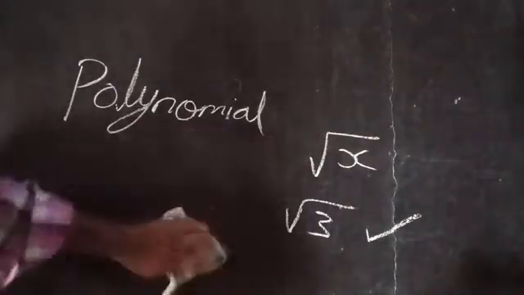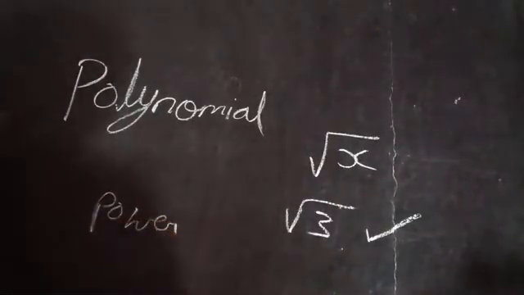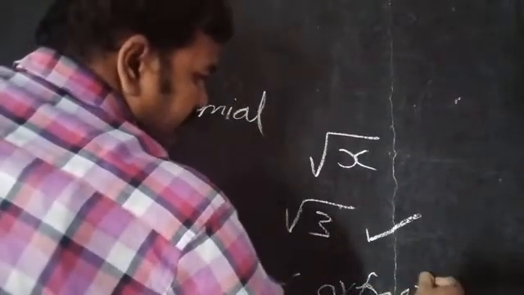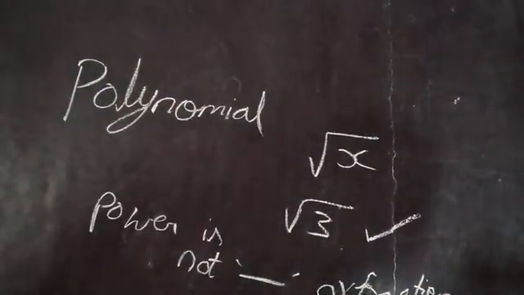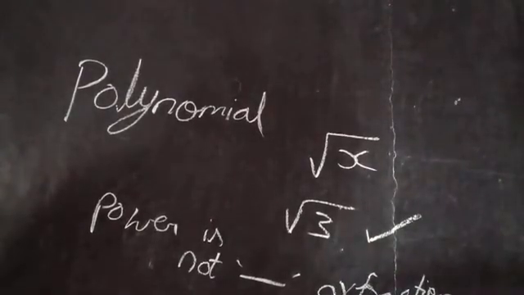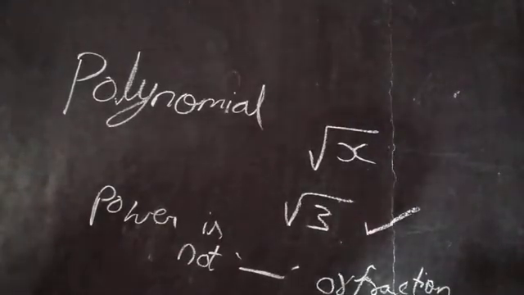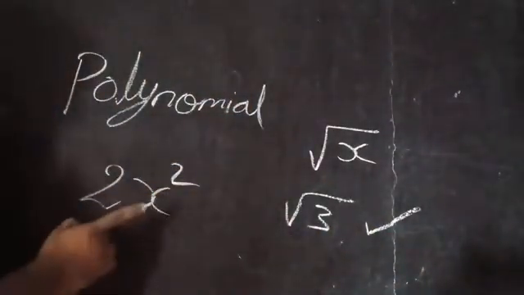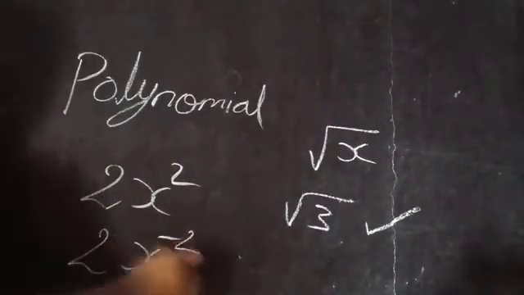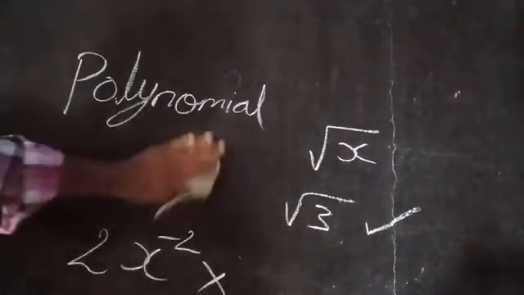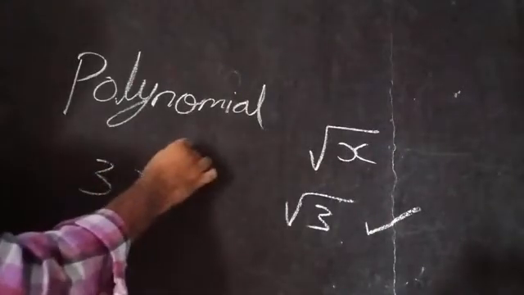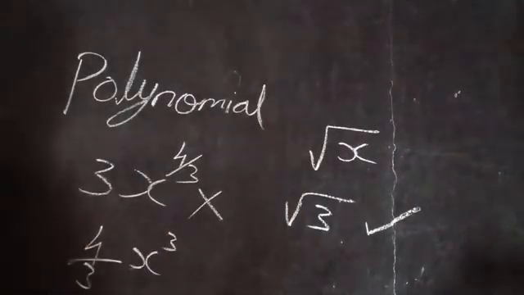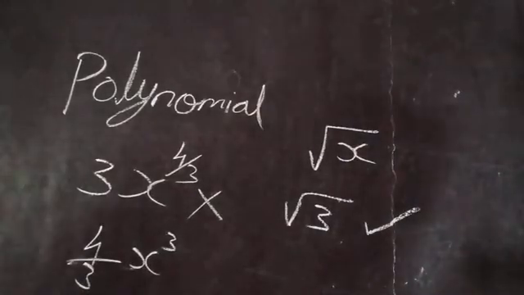The second condition is that the power should not be minus or a fraction. For example, 2x to the power minus 2 is not a polynomial because the power has a minus sign. 3x power 4 by 3 is a fraction form, so not a polynomial. 4 by 3 x cube is fine, the fraction is in the coefficient, but the power should not be in fraction form.